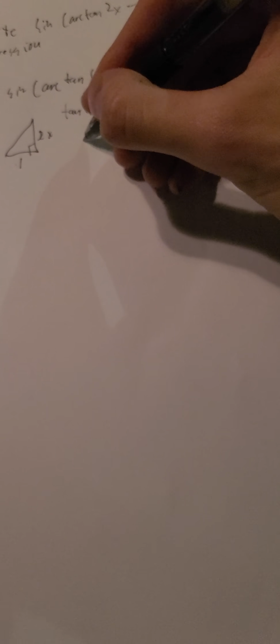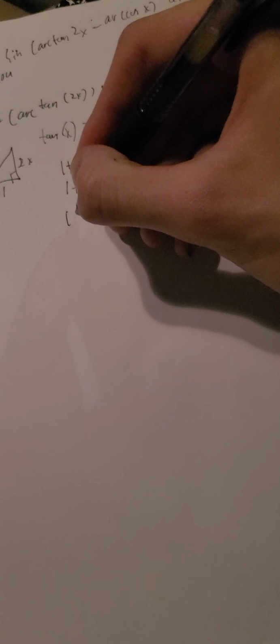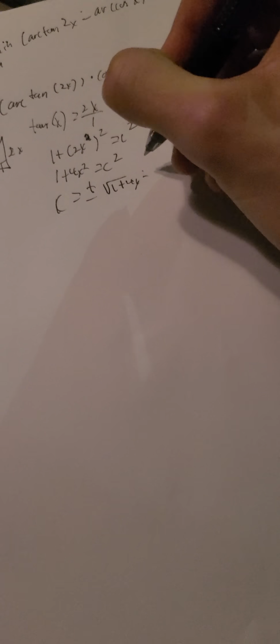Then Pythagorean theorem: 1 plus 2x squared equals c squared, so 1 plus 4x squared equals c squared, and c equals the square root of 1 plus 4x squared. It's a right triangle, so it's positive.